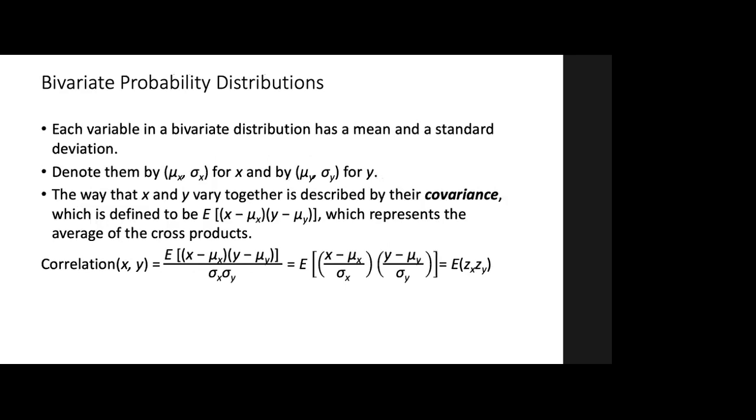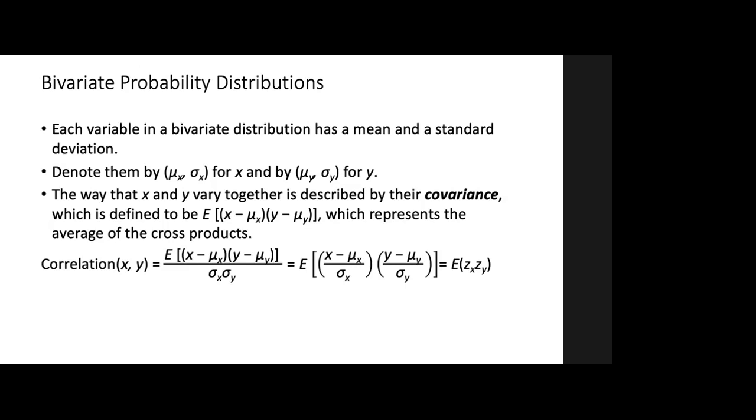All right, and that is just a little bit of repetition from last week. For a bivariate distribution, each variable has a mean and a standard deviation. We denote them as mu x and sigma x for one of the two variables, and mu y and sigma y for the second variable.